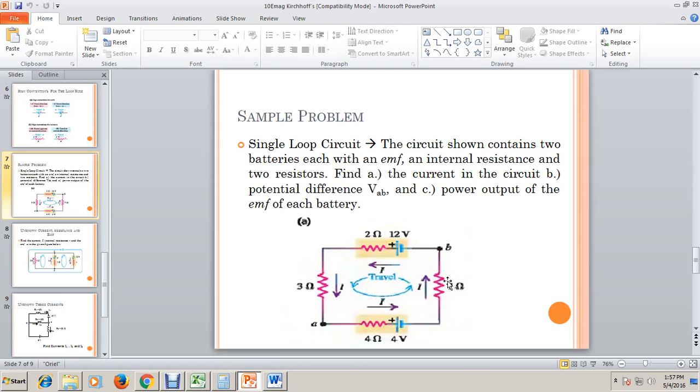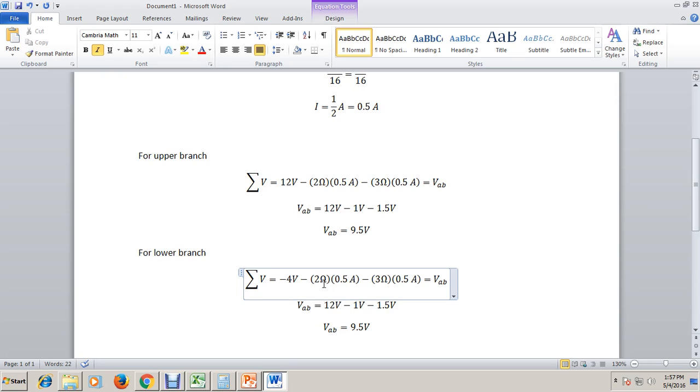Next we have the IR term for the 4 ohm resistor. We have 4 times 0.5, so that would be negative also in our equation.